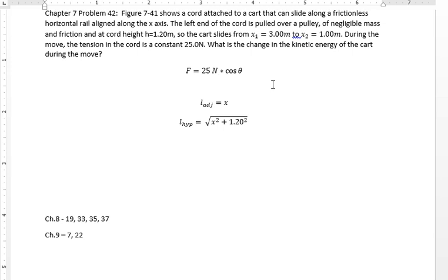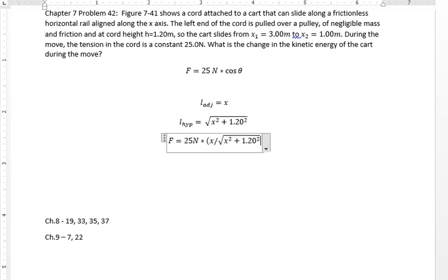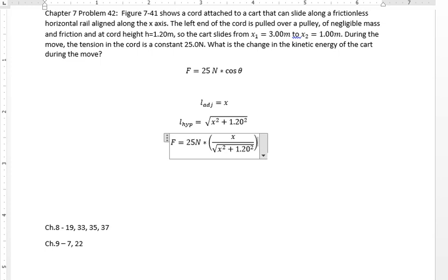So the force is 25 newtons times adjacent divided by hypotenuse. That's the force on it.